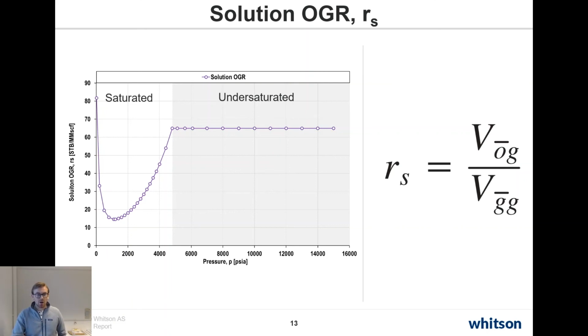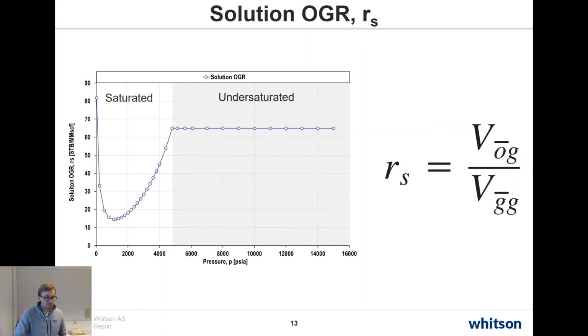but it can also be vaporized oil ratio, for instance. And in many industry simulators, instead of using this little rs, which is the SPE nomenclature standard, you will see this large R subscript V, and V stands for vaporized.